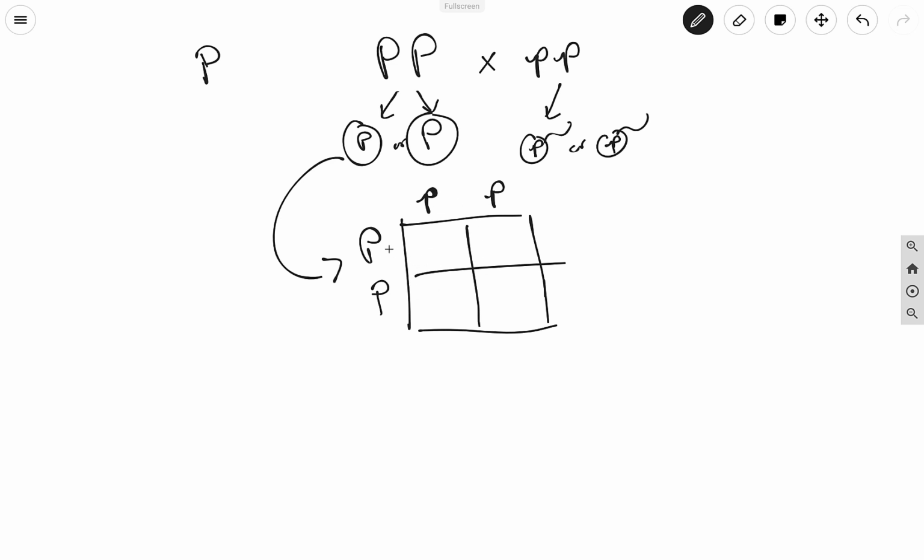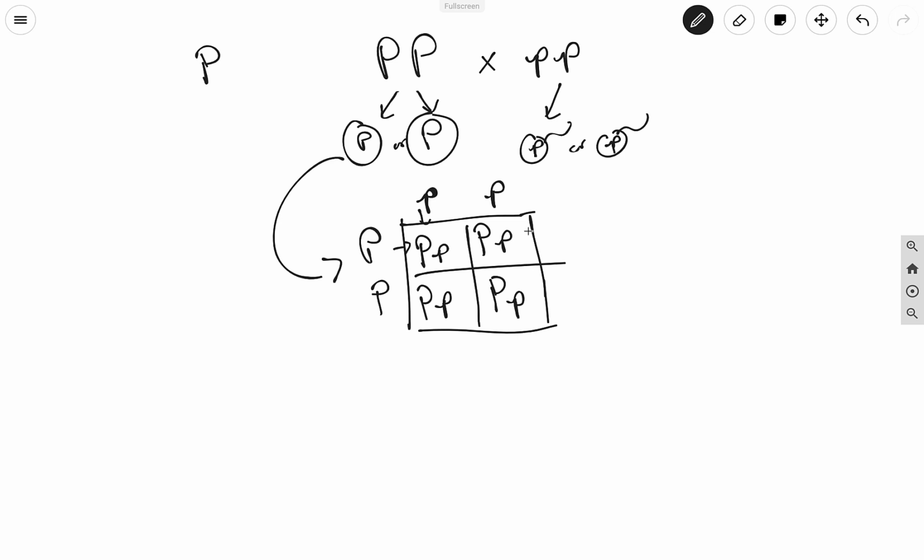Then all we have to do is combine all of the possible combinations, and we just drag them across and drag them down. So big P from mom, little p from dad, in every box. Just a convention: you always draw the capital letter first and then the lowercase letter. It doesn't actually matter what order they're in, but to make it simpler, just do capitals first and then lowercase.